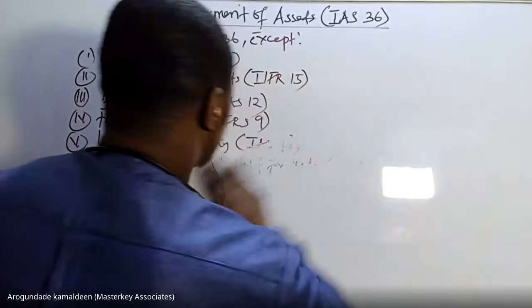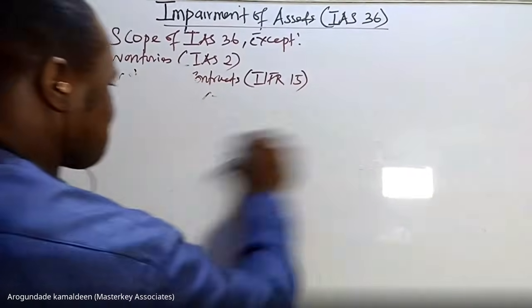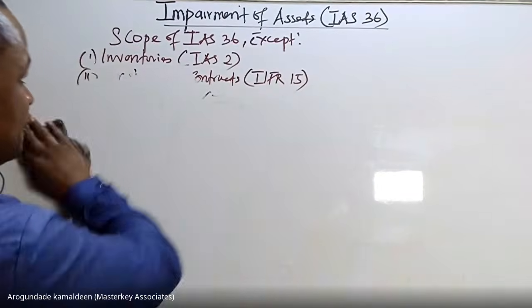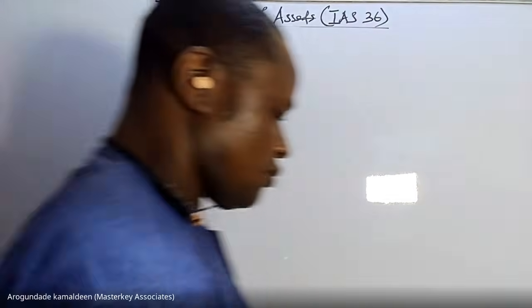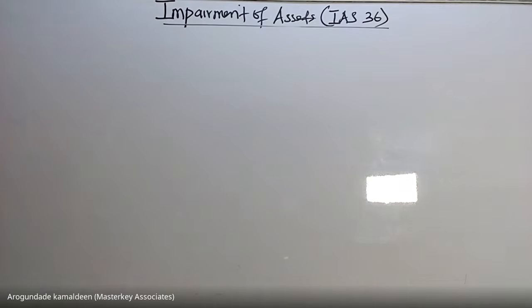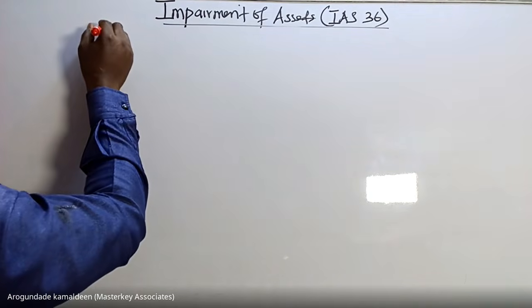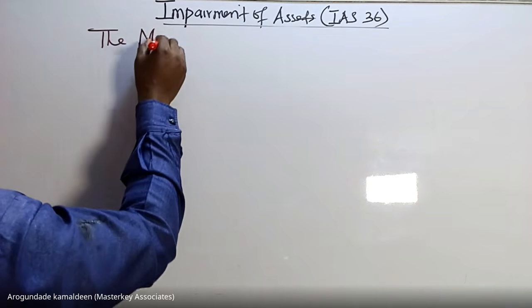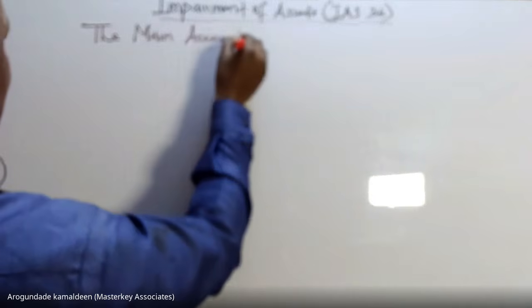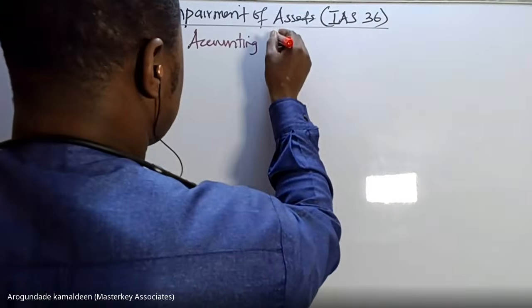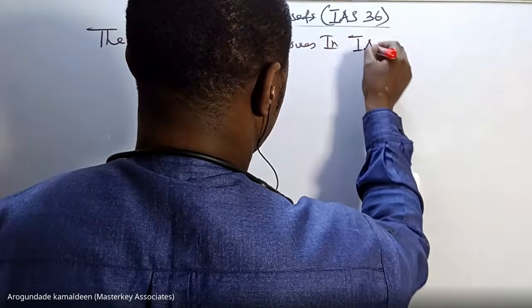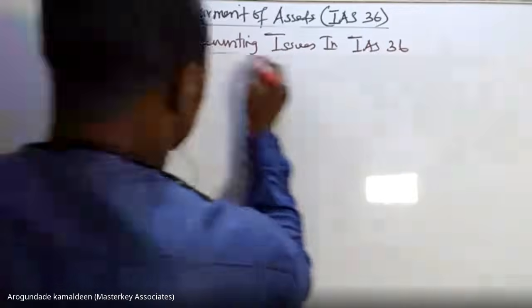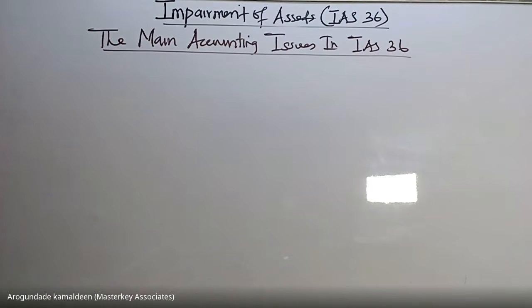What are the main things that we should consider here? The main accounting issues in IAS 36.